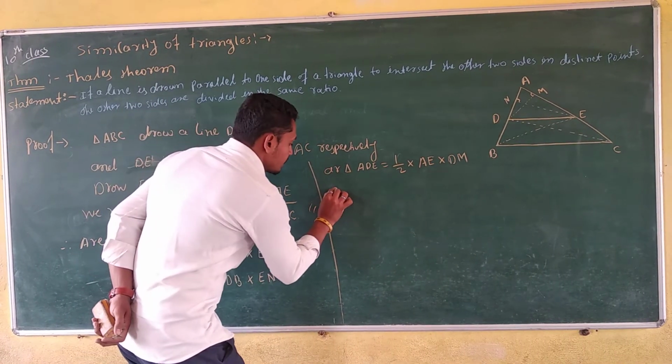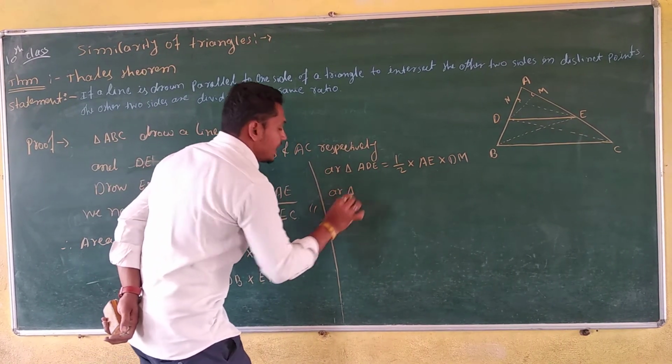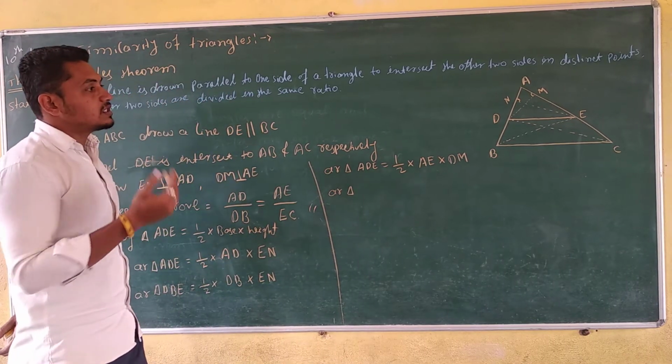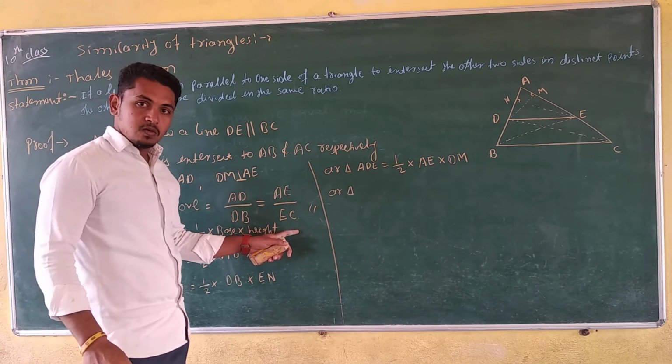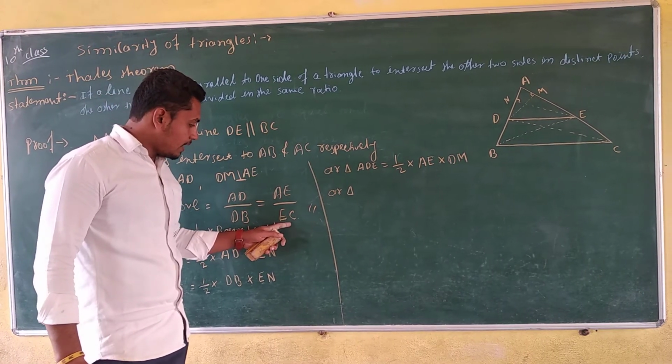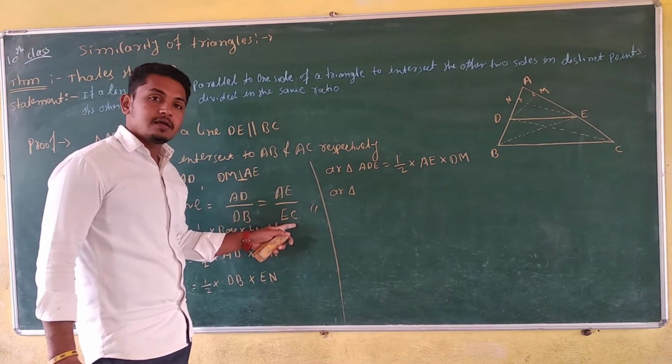Next, the area of triangle. Now, which triangle do you have to choose here? See here, I need the EC side.